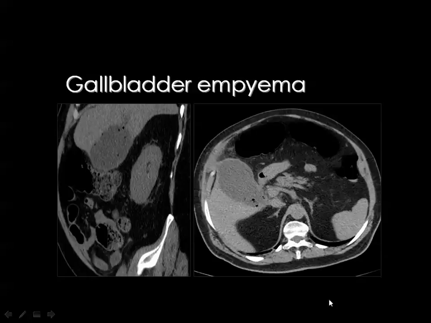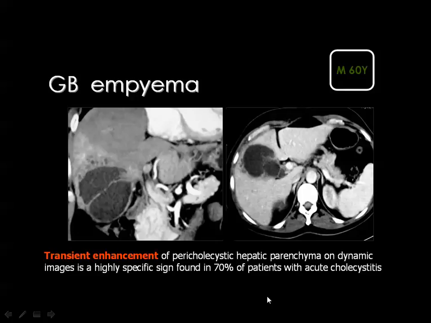And this is a case where interventional radiology can have a role in the treatment by putting a catheter percutaneously into the gallbladder and draining this inflamed gallbladder to the outside.